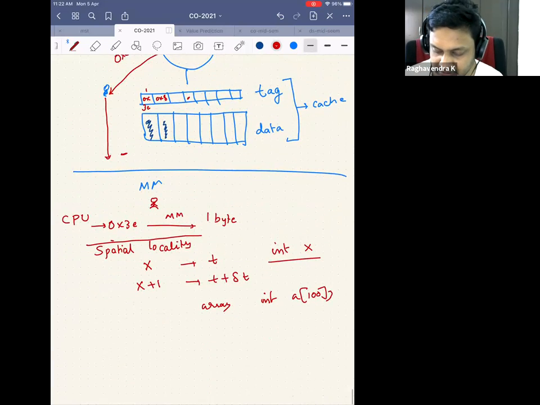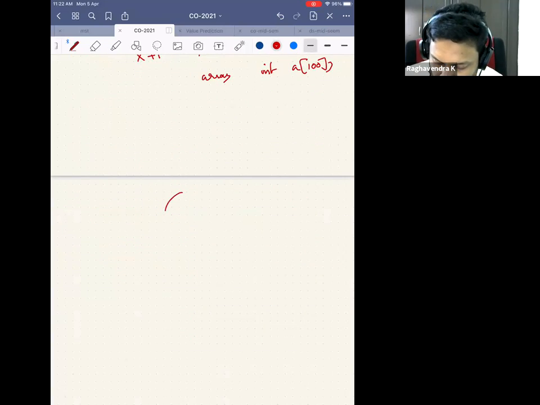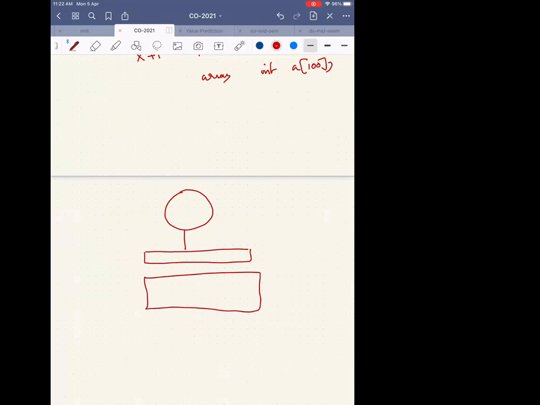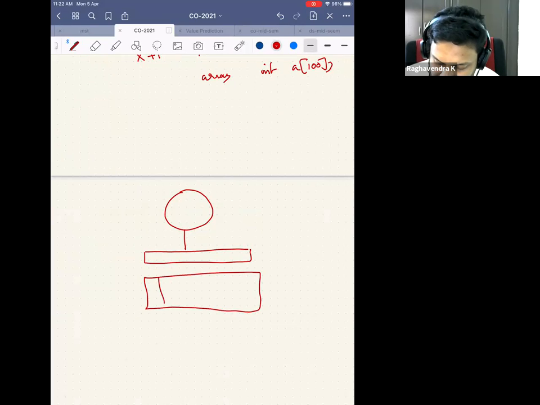So now how does this design look? The design no longer looks like this. You have a tag. There were 8 locations in the tag, but now I'm clubbing 2 bytes each, which means that do I need 8 tags or do I need a smaller number of tags? So now 4 tags, right? Instead of having 1 byte each, initially it was like this, now I will club 2 bytes and say this is one location.